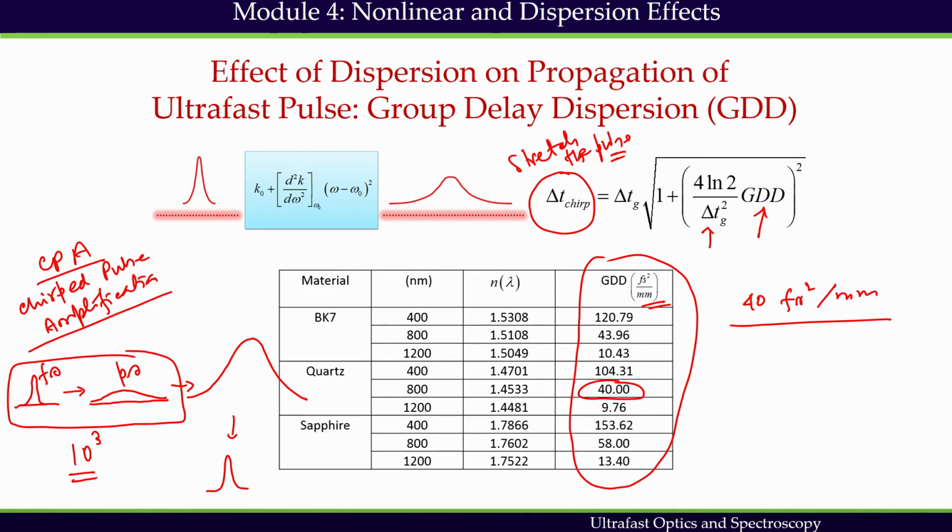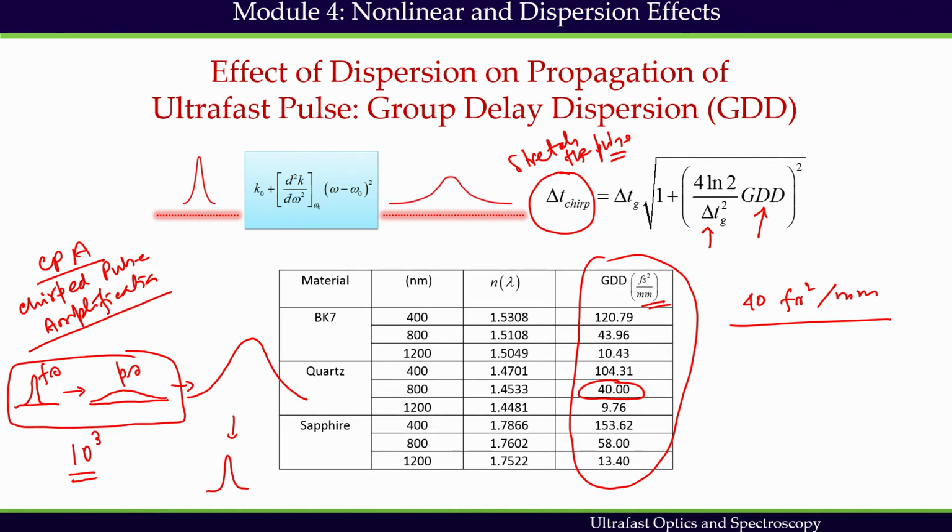So we deliberately introduce this chirp to elongate a pulse and then amplify. The CPA scheme is very commonly used to synthesize high power laser pulses.